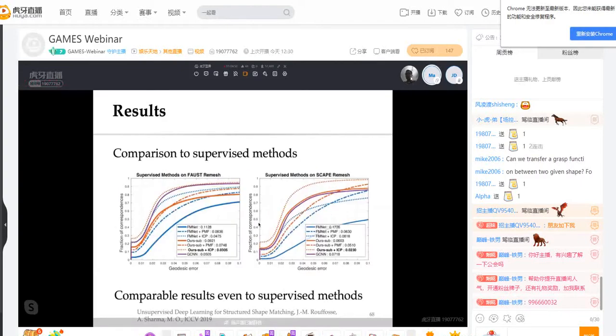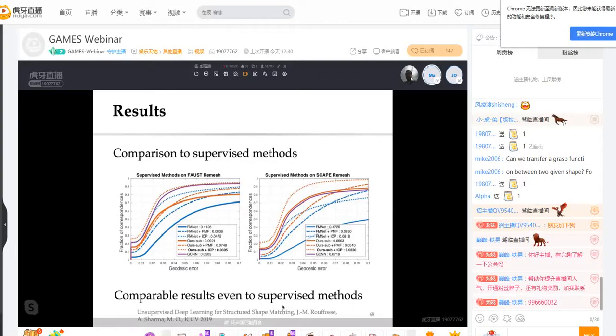We also compared unsupervised methods to supervised methods. The difference here is that we used a subset of shapes for training and the other subset for testing. This is a more difficult setting because even though our method is unsupervised, it still has to generalize to completely unseen data. But even in this setting, we basically produce results that I would say are comparable. In most cases, they're actually better, but you have to be a bit careful how you measure better in this case because we don't have the same amount of information. But just to be safe, we say that they're comparable to supervised techniques.